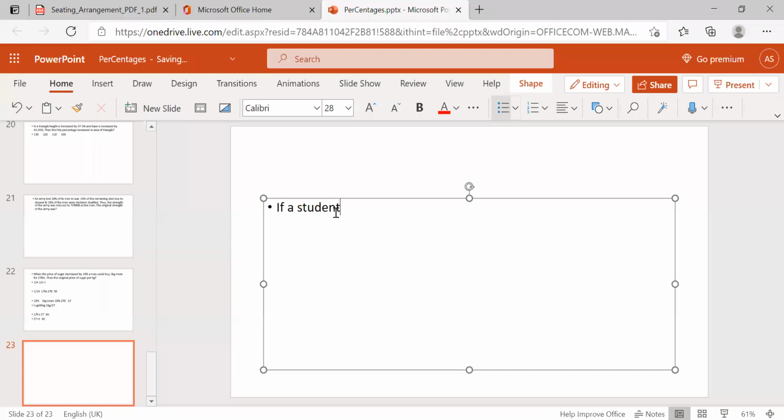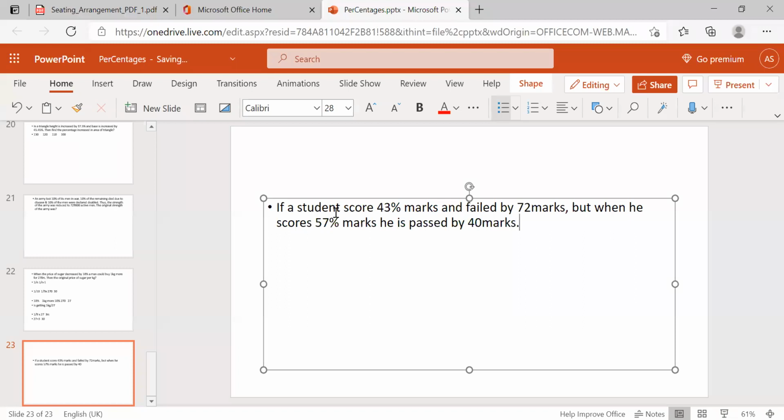If a student scores 43% marks and failed by 72 marks, but when he scores 57% marks, he passed by 40 marks. Find the passing percentage. Okay.